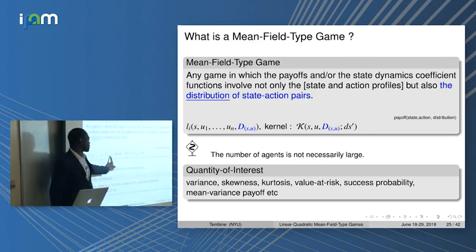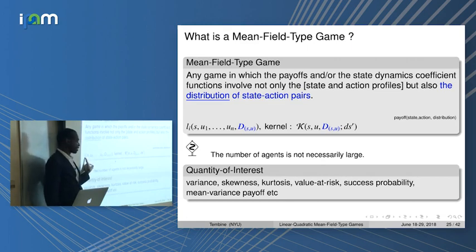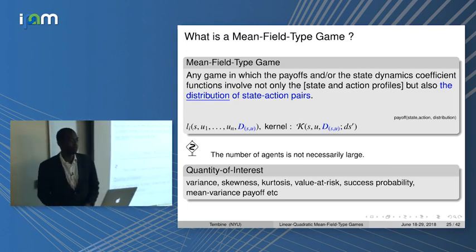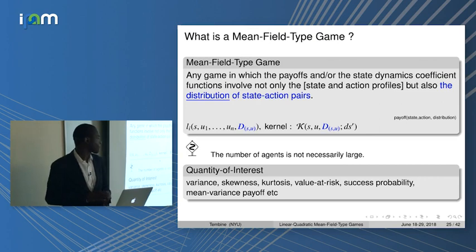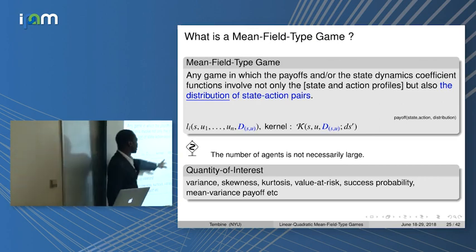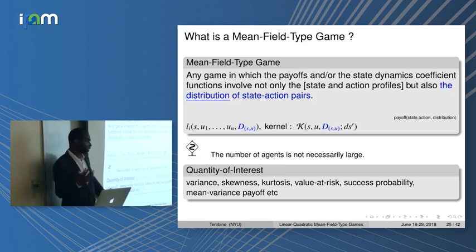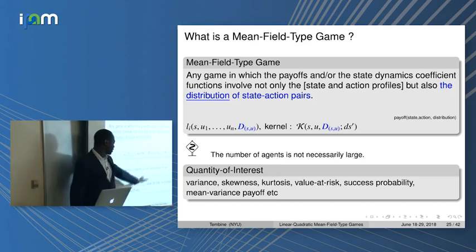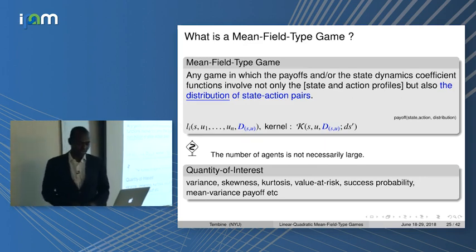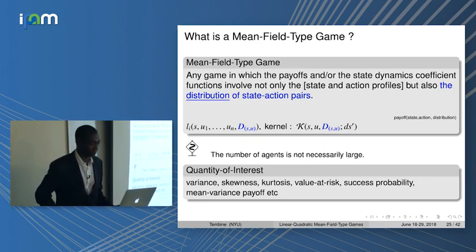You could include, if you don't like the distribution of control, remove just that, and you have a pay function that depends on your state, the control input of all the agents, the distribution of states, and control of all the agents. The transition kernel does a similar thing. And we are interested in the variance, in quantiles, other risk measures, value at risk, and several other interesting things.